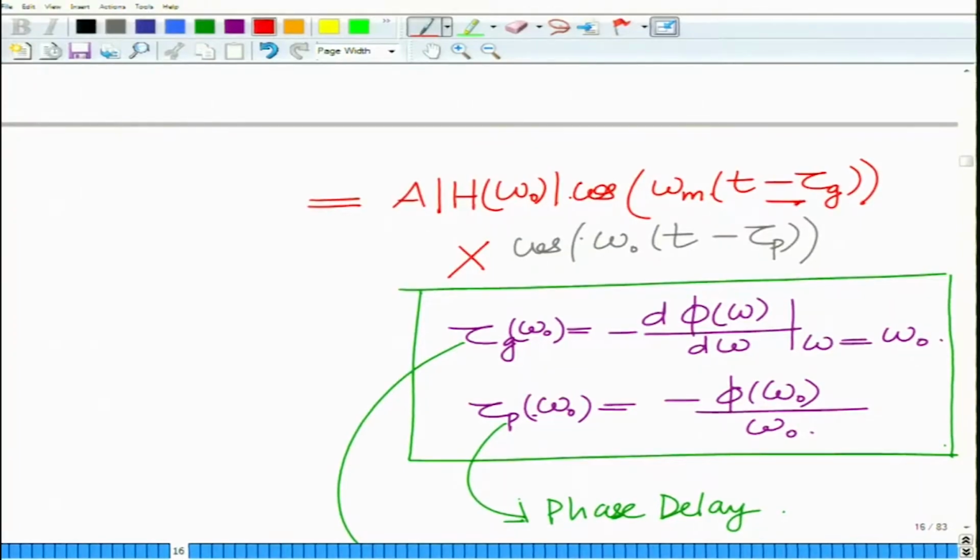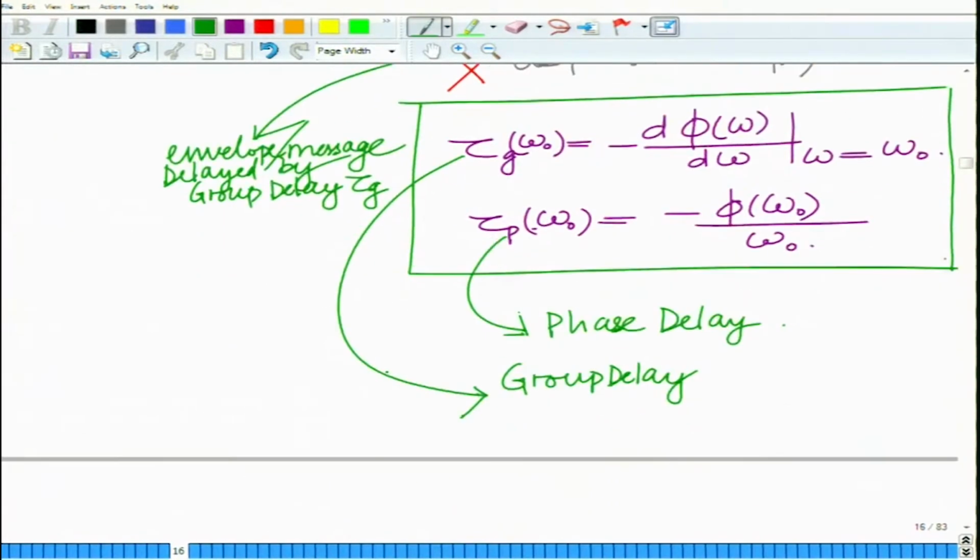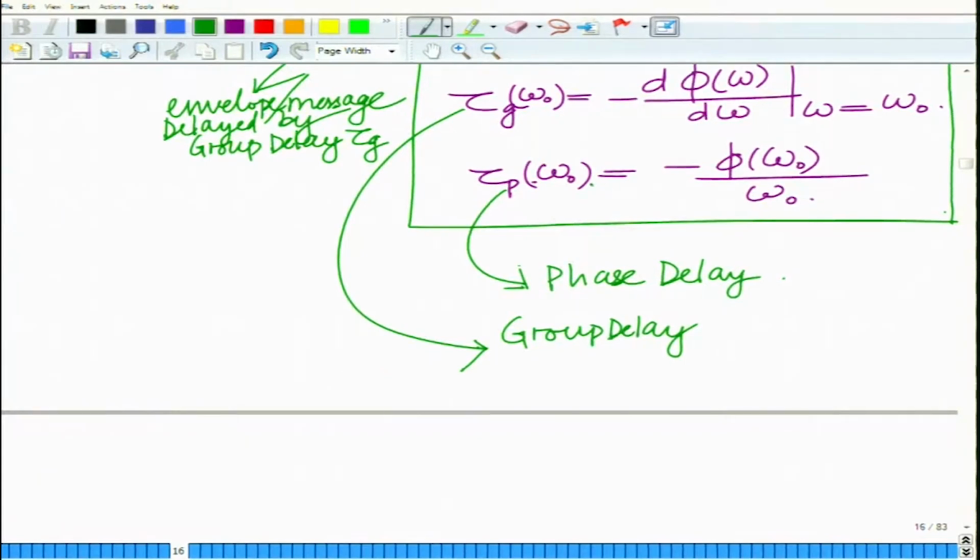So, what you can see is that the narrowband message is delayed by the group delay, and the carrier is delayed by the phase delay.